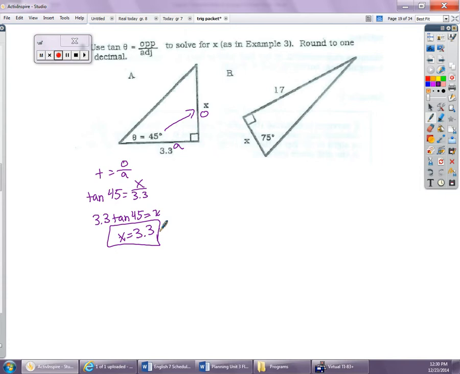And this one over here, so this is our angle, that's opposite. This is adjacent, so the tangent is opposite over adjacent. So the tangent of 75, opposite is 17, adjacent is x. So you get x multiplied by x, divide by tangent of 75.